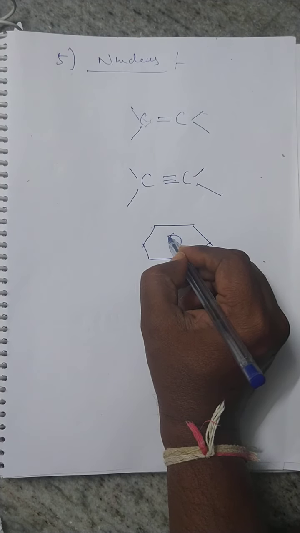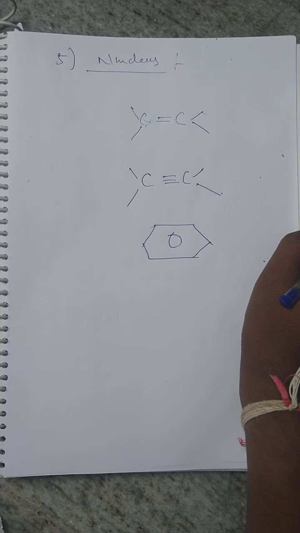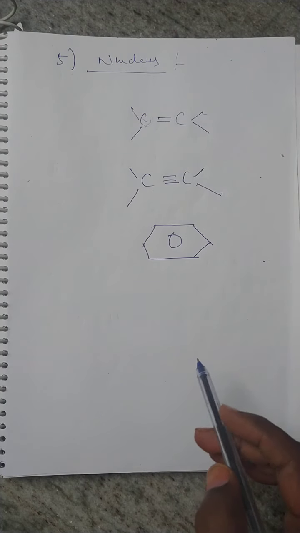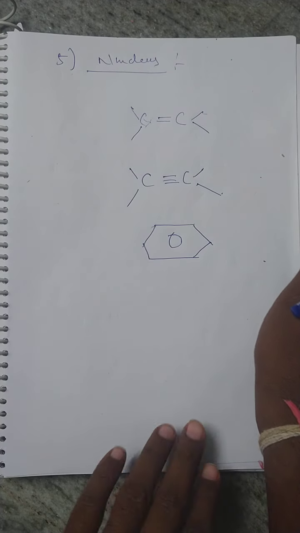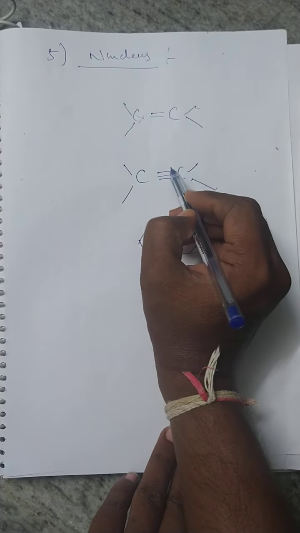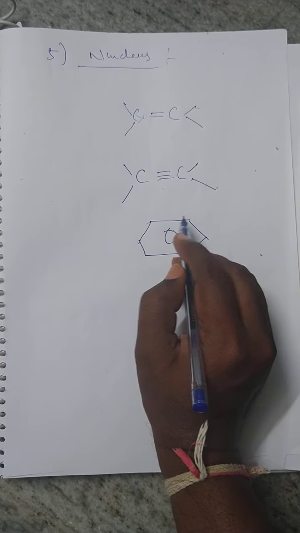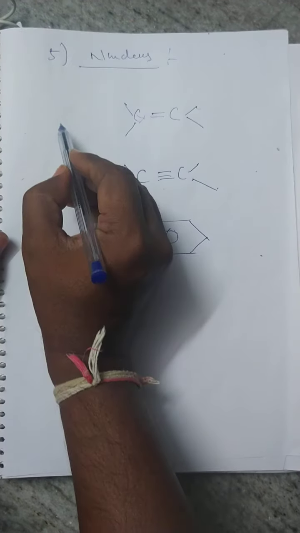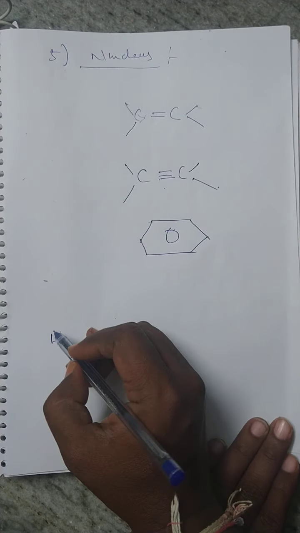So in the case of all the unsaturated molecules which have pi electron current and pi electron movement, the pi electron movement will generate a secondary magnetic field. Sometimes the secondary magnetic field generated by the pi electron movement may align with the external magnetic field.